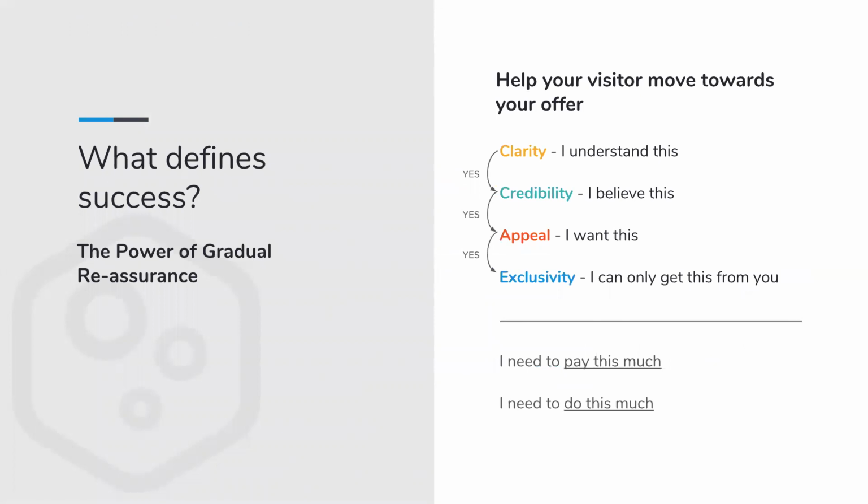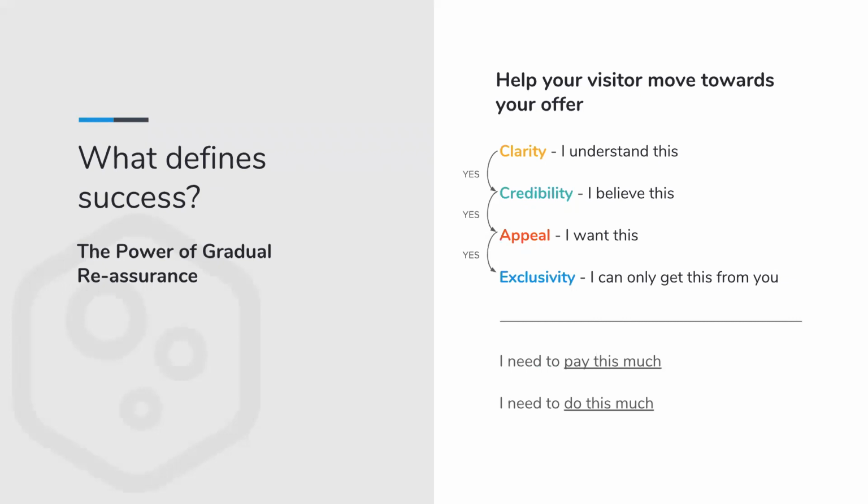This is something you might see me repeat quite often in almost all my presentations and webinars: you always want to make sure you drive your visitors towards your offer. I call it gradual reassurance, meaning little yeses make a bigger yes.